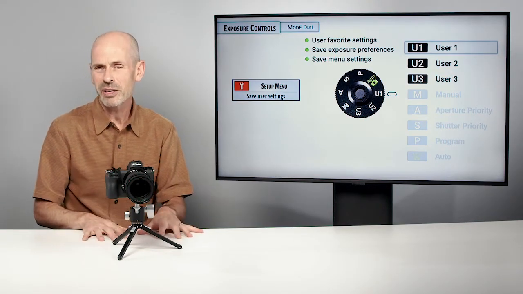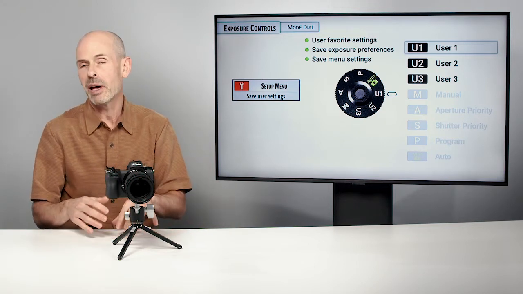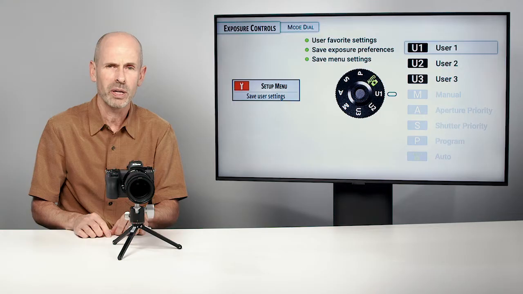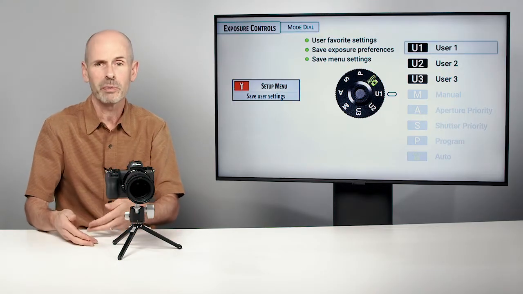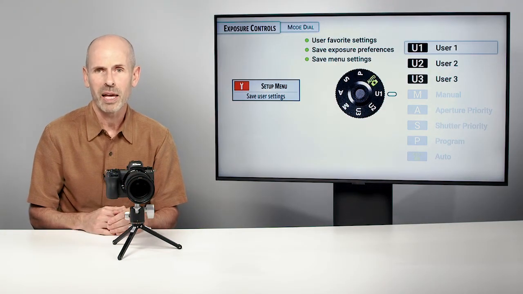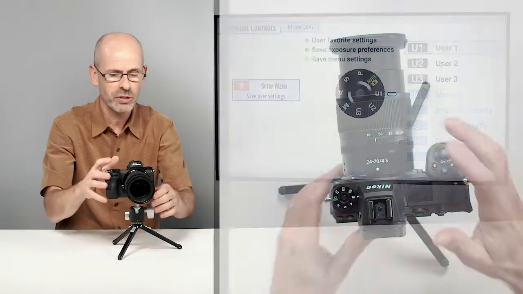So in reality, you actually kind of have 4, because there's kind of the normal mode you're in, whether that's manual or aperture priority. And then when you switch over to the U1, 2, or 3, then it switches everything over. And then when you go back to manual or aperture priority, it goes back to wherever you had the camera before. So let's go ahead and kind of assign some functions up here.